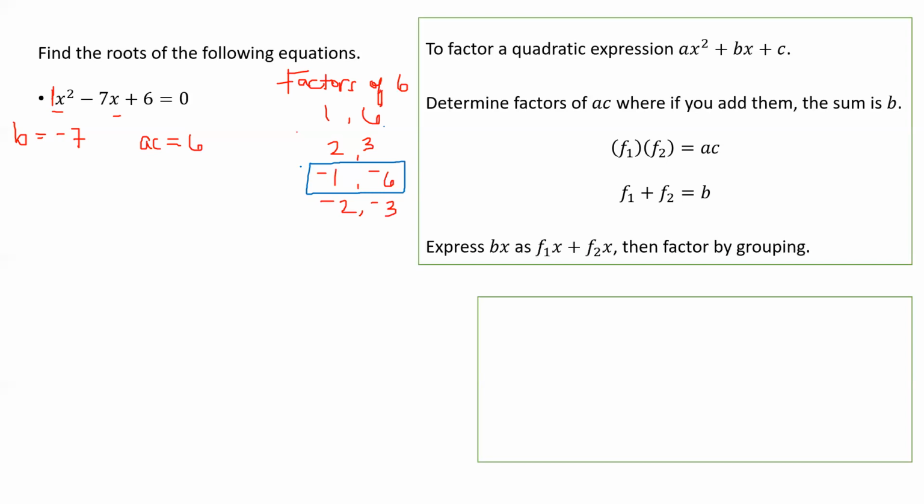So what now? We can express this quadratic equation as x squared minus x, then minus 6x plus 6 equals 0.